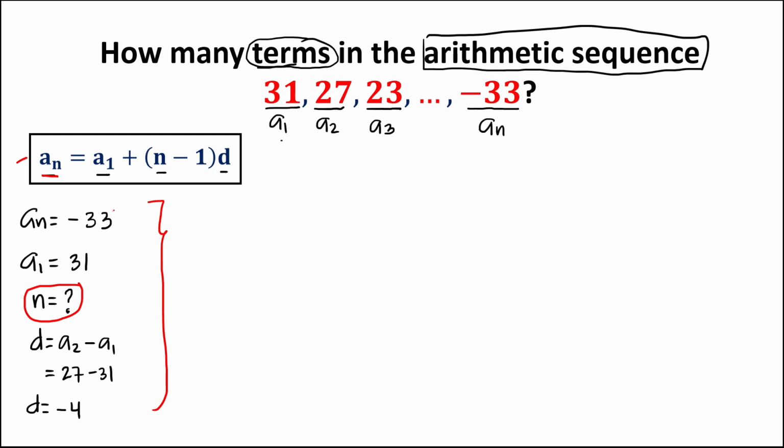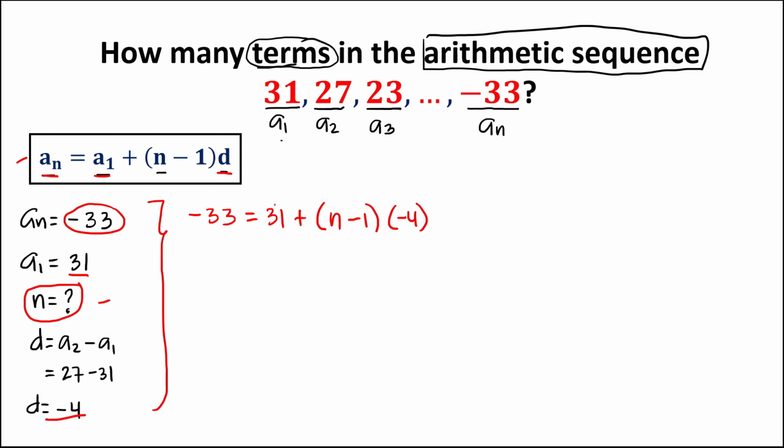So we have a sub n, that's negative 33, equals a sub 1, that's 31, plus n, the unknown, minus 1, times the common difference, negative 4.